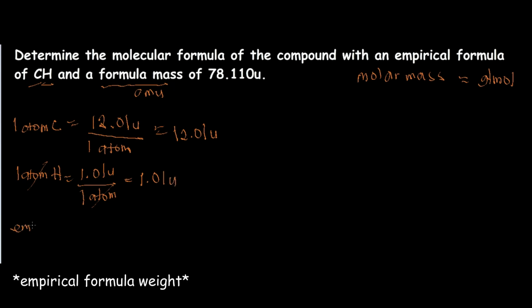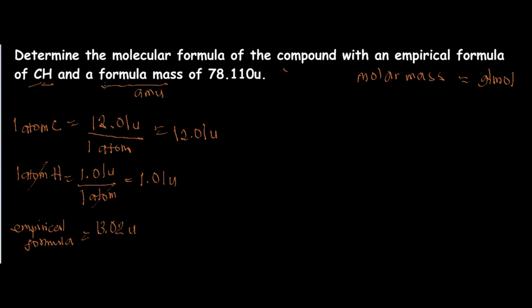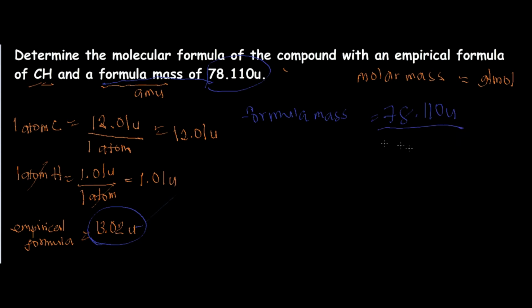Therefore, the empirical formula mass is 13.02 unit. Okay, so notice that you have a molecular formula mass of 78.110, right? What you need to do is to divide this from this. Okay, so we will have formula mass 78.110 unit divided by this one. We will get 13.02 unit.